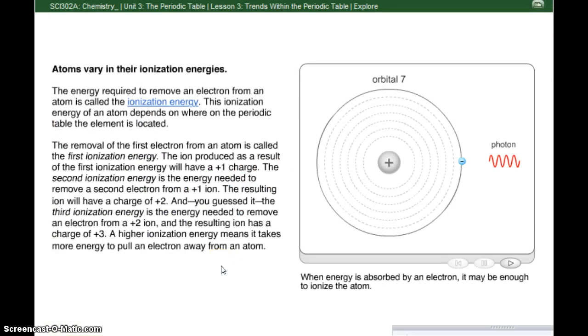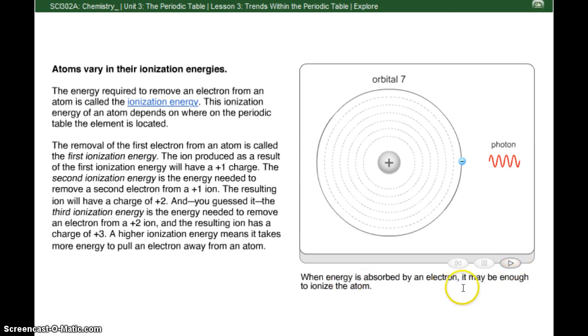Atoms vary in their ionization energy. Okay, let's talk about what ionization energy is first. It's the energy required to remove an electron from an atom. So I want to get rid of this electron. That takes energy. Specifically, that energy is called the ionization energy. This ionization energy of an atom depends on where on the periodic table the element is located.